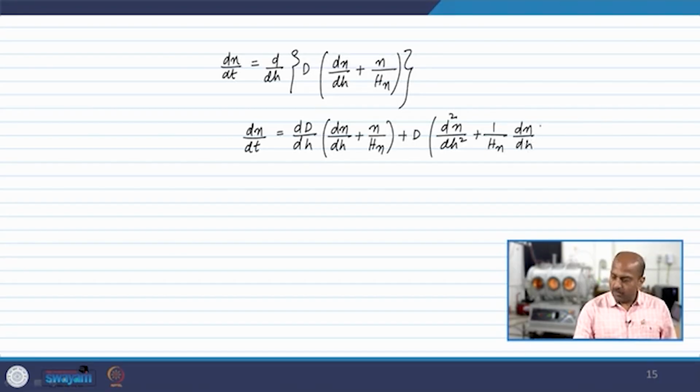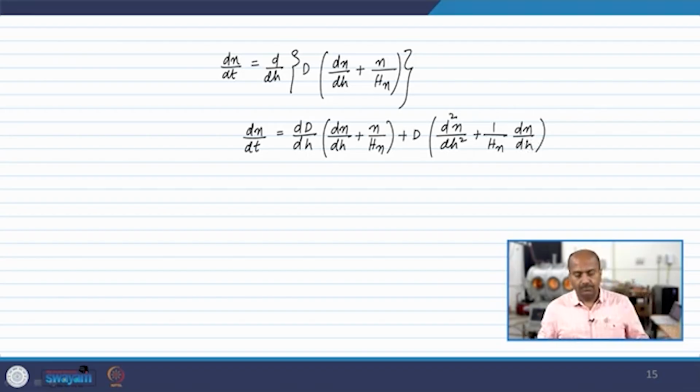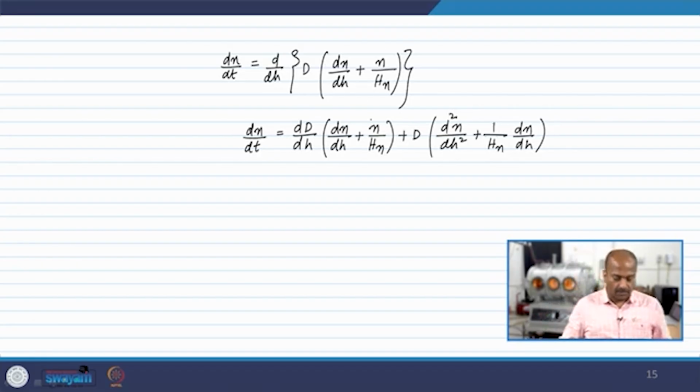You see what I have done? I just took the derivative inside, and D is also changing with respect to height, an exponential positive variation. So, we have used the chain rule to apply the derivative on D once and apply the derivative on everything that is there inside this bracket.